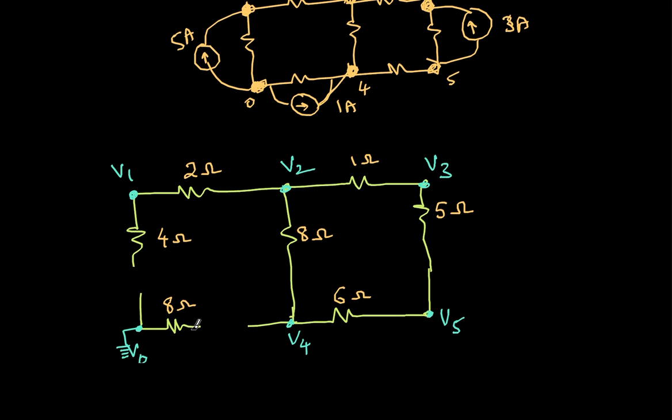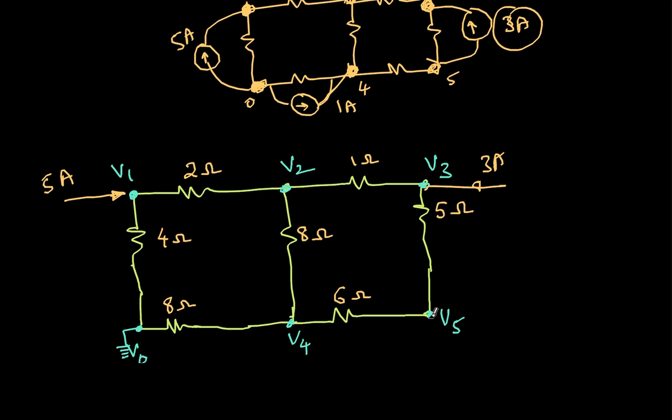Connect this, connect this, and connect this. And I have this external current entering node V1, and the external current is 5 amperes. At node 2 nothing. At node 3, external current of 3 amperes is entering. So just this one.